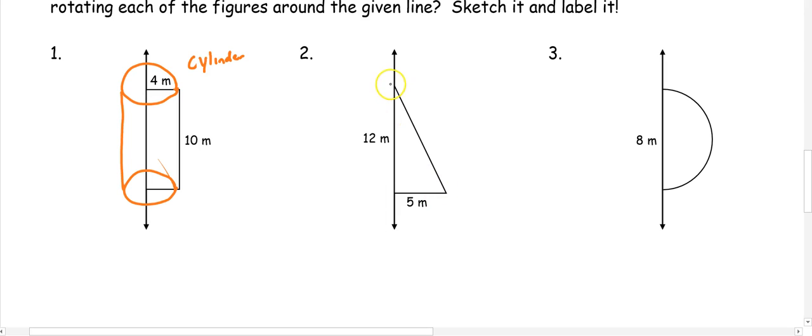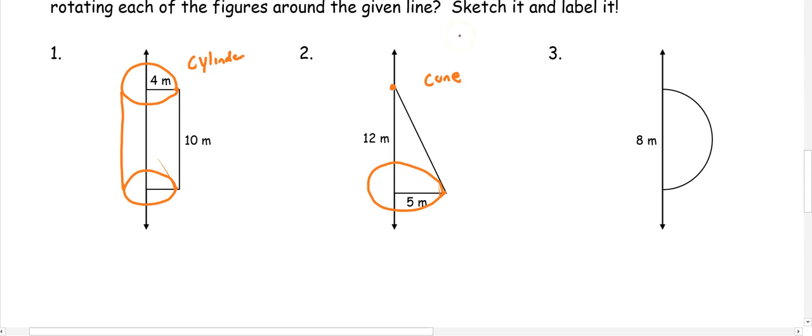In number 2, this point is going to stay in place because it's just on that line. The second one is going to go around in a circle, and this time it only has one circular base, so it's going to create a cone.